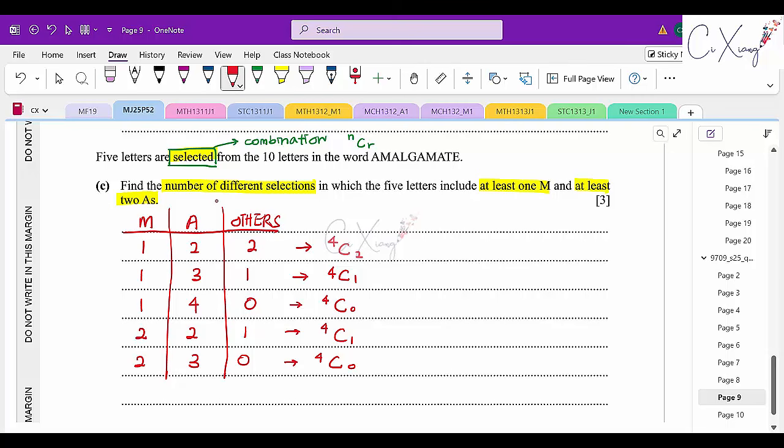All the M and A, because they are identical, you do not need to consider for the selection. Then when you get the answer for every single case, it should be 6, 4, 1, 4, 1. And the total selection will be, you just add them together, 16.